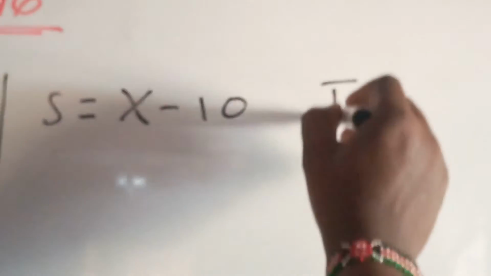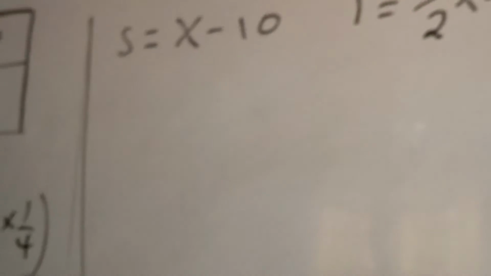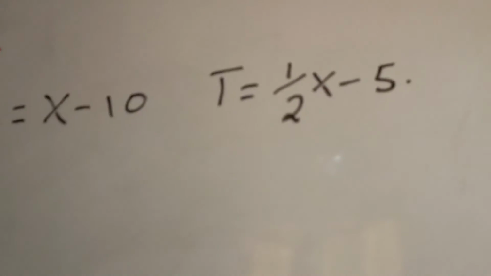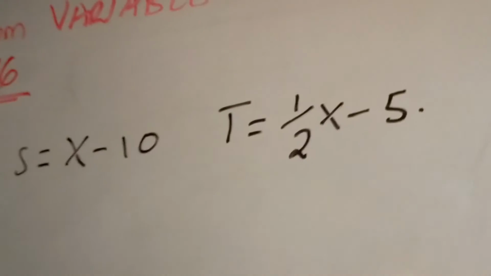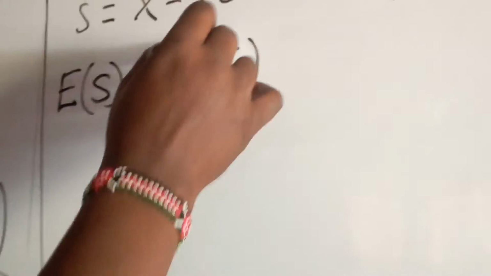We can already see that S is given by X minus 10, and T is given by a half X minus 5. Question: show that E(S) is equal to E(T).